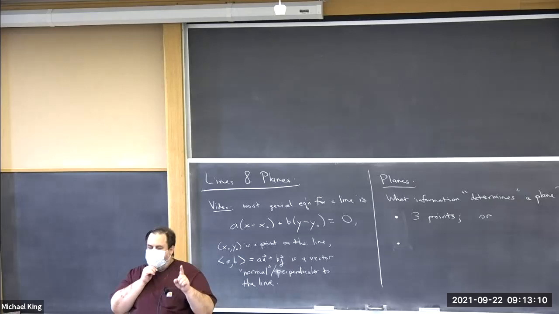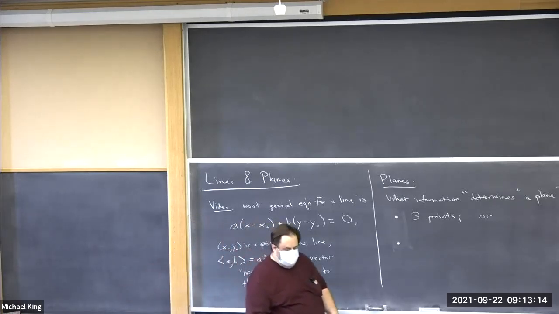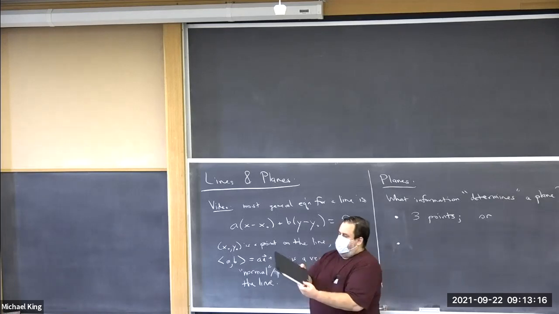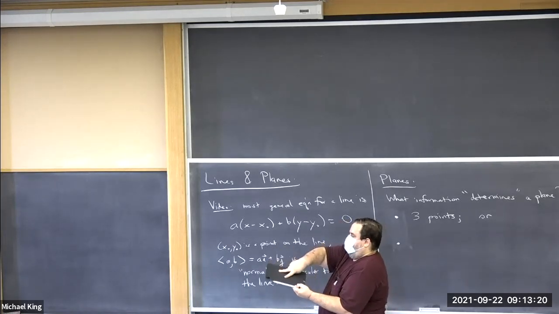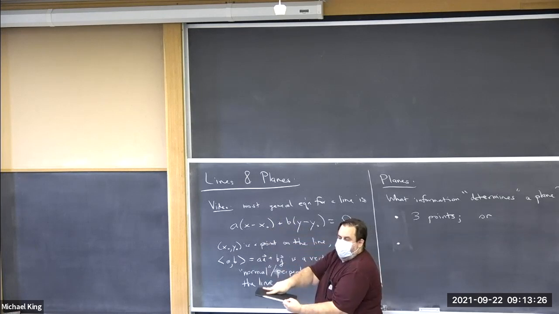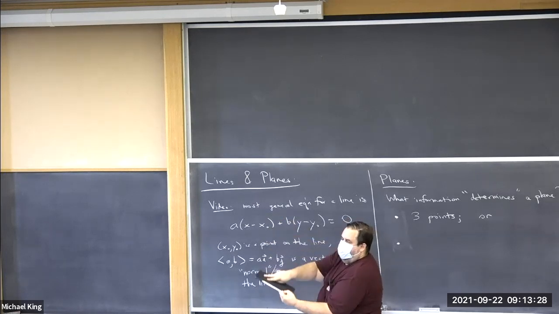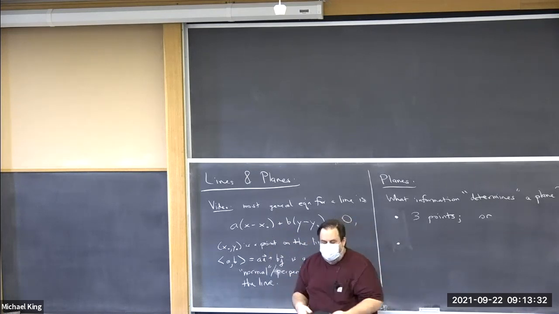Because we're talking about vectors as displacement. If I had two vectors, one here and another here, I could also place them here, and those would be different planes with the same two vectors, moving it up and down in a parallel way. So a point and two vectors.